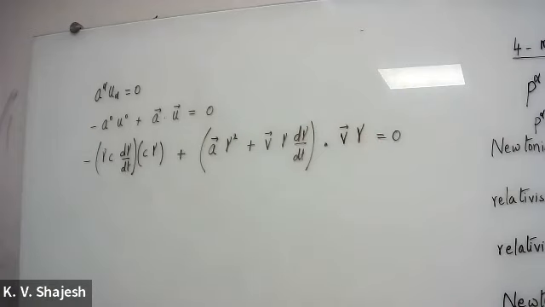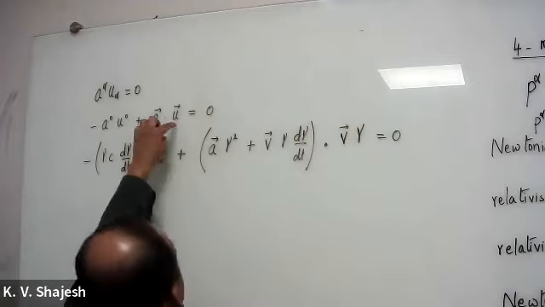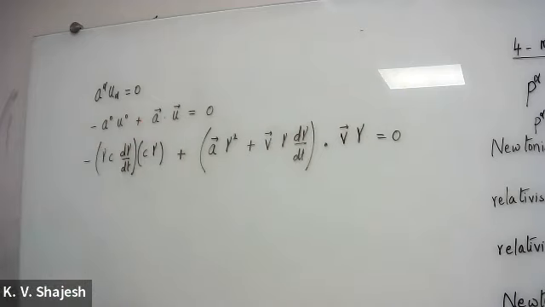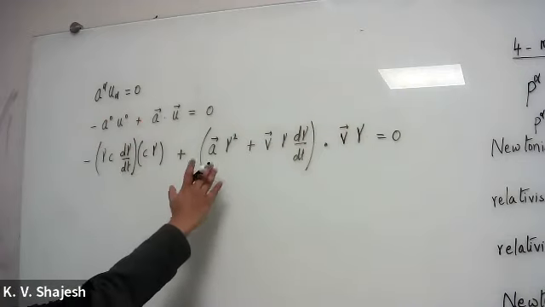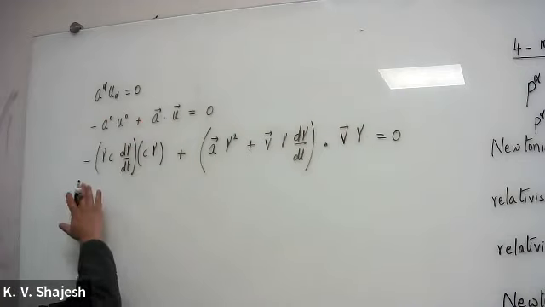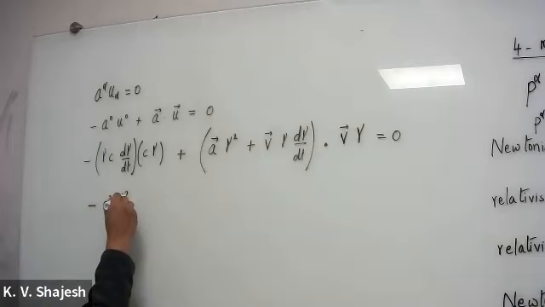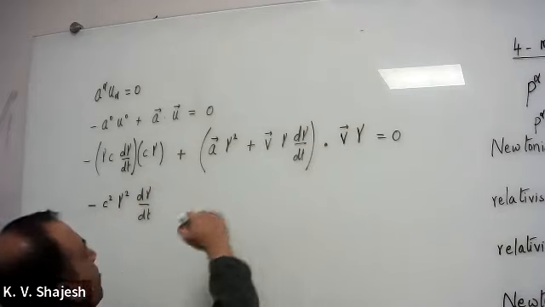Let's simplify this. So this is minus C squared gamma squared d gamma over dt. Let me write this term first.